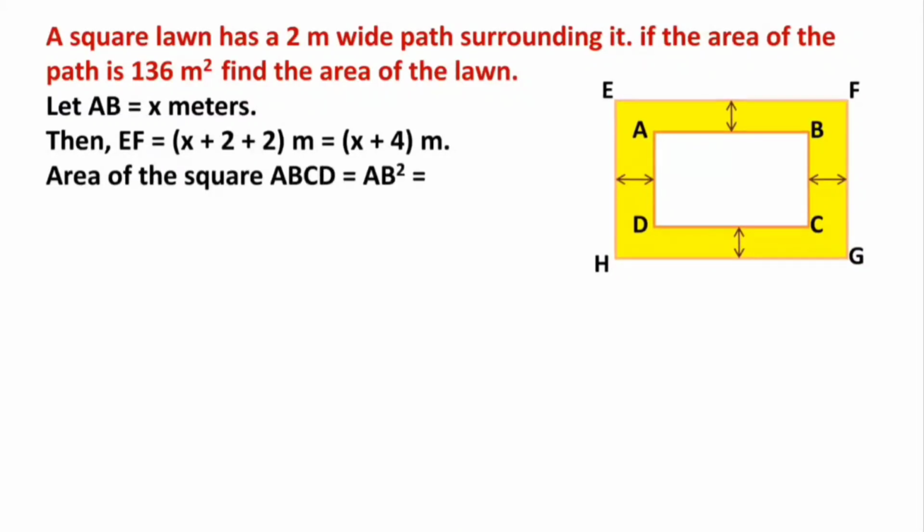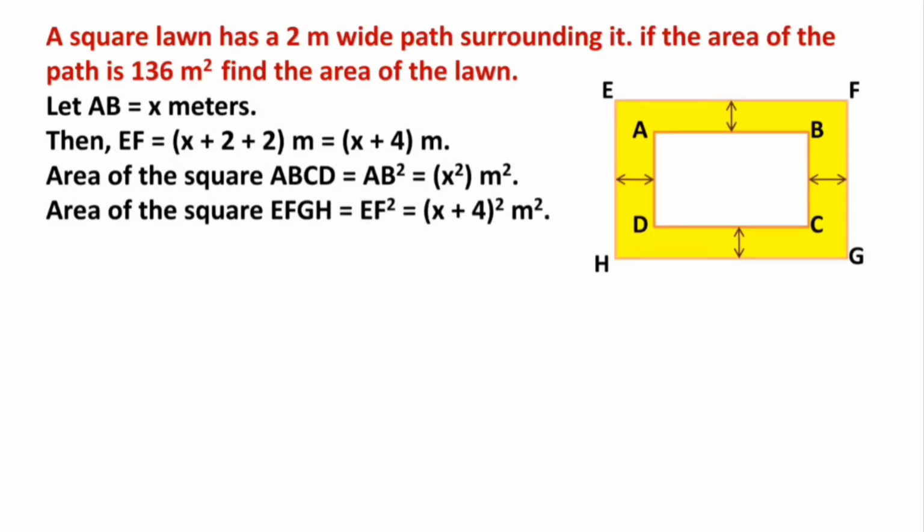Now, the area of the square ABCD is AB square, which is equal to x square meter square, and the area of the new square EFGH is equal to EF square, that is (x plus 4) whole square meter square.